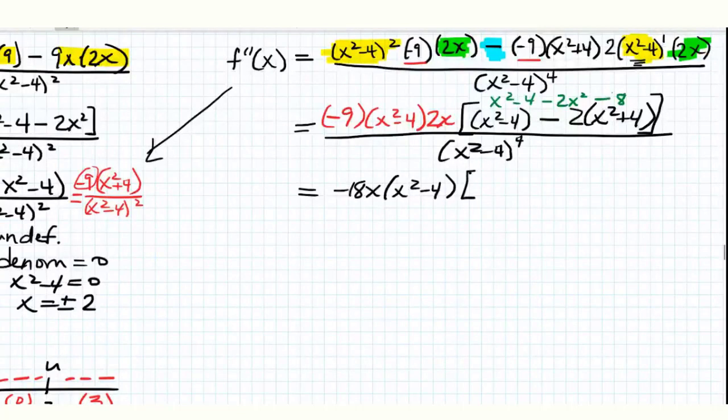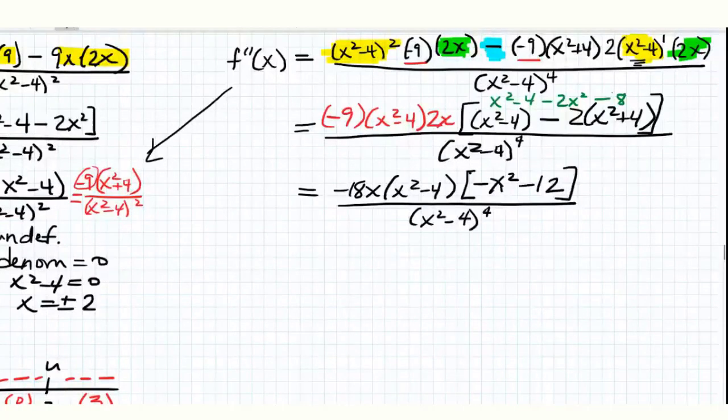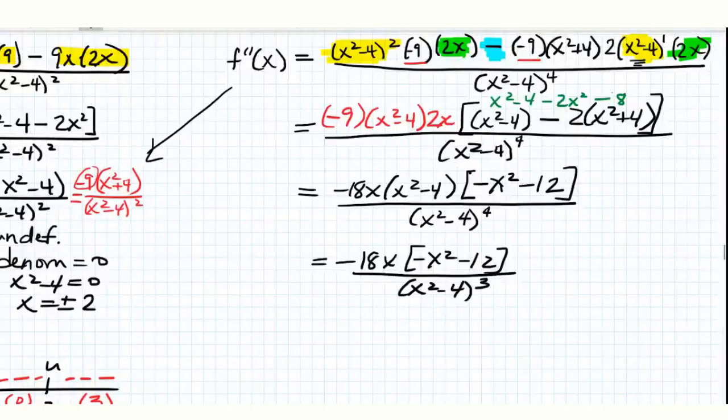All right, and then x squared minus 2x squared is -x squared. -4 minus 8 is going to be minus 12. We have a factor of x squared minus 4 in the top and the bottom, so we can reduce.